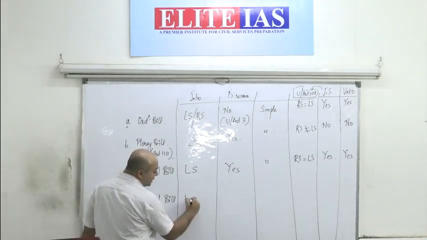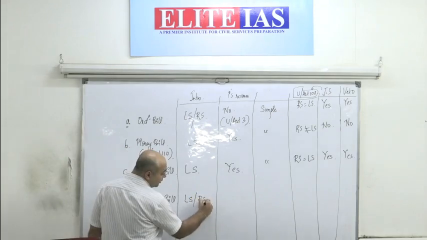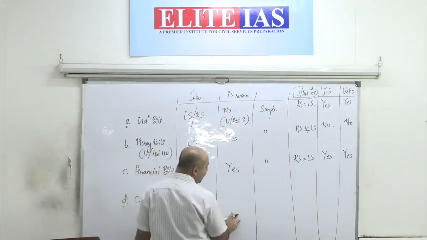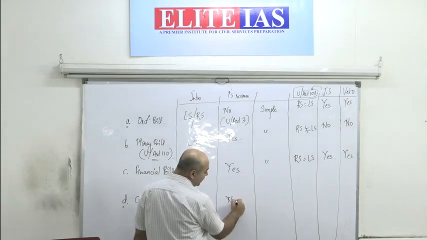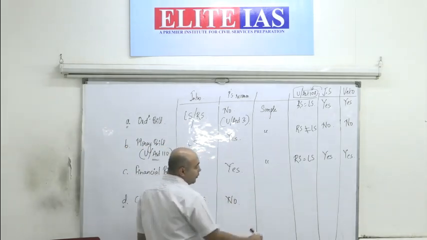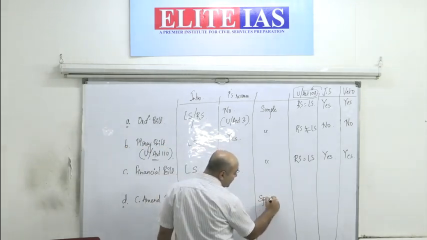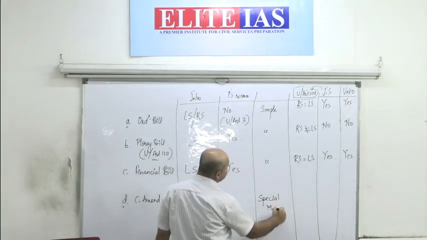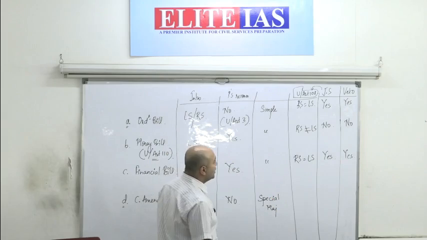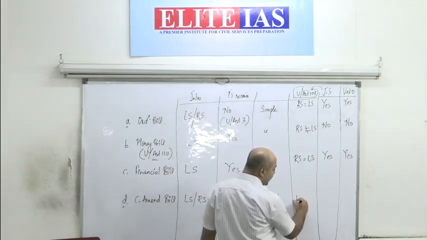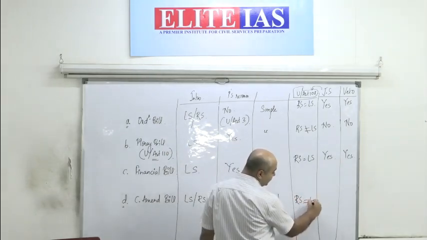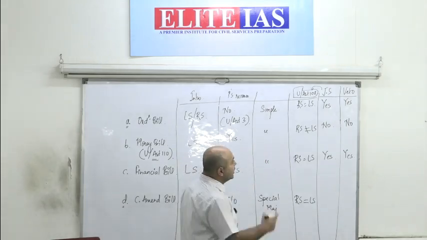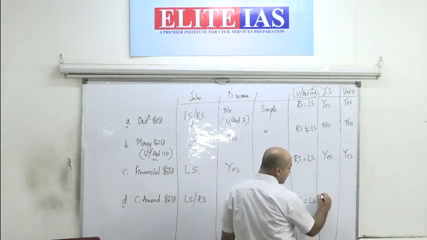Again, it can be introduced in the Lok Sabha or the Rajya Sabha. Does it require the president's prior recommendation? No. What kind of majority is required? Special majority, not simple, special majority. Do Rajya Sabha and Lok Sabha enjoy equal powers? Yes. Rajya Sabha and Lok Sabha have equal powers. Can a joint sitting be called?